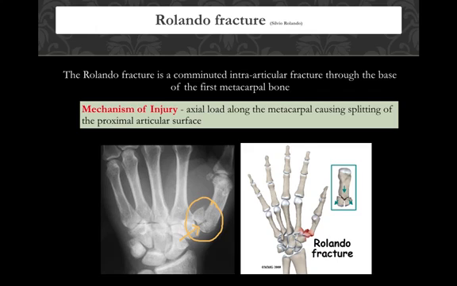It was coming so frequently. I didn't clear it my first go, and when I started studying, this is what I realized. I started referring to the books, and this is what I saw, that in the book it was written that Rolando is an intra-articular fracture. It's not extra-articular because it's involving the base. Thus, my mnemonic was not correct.